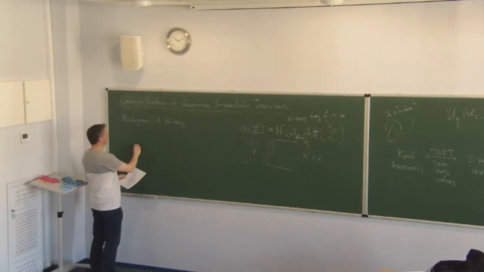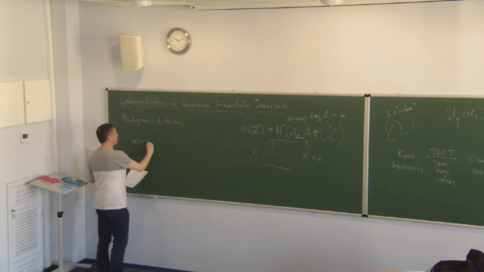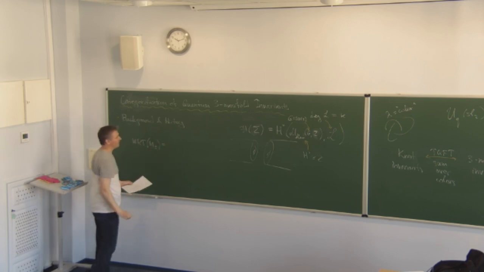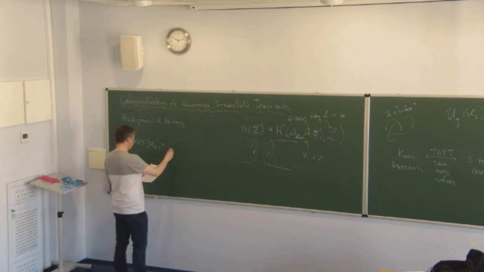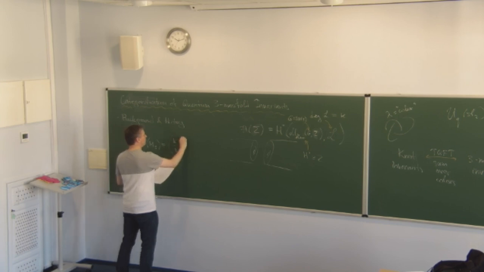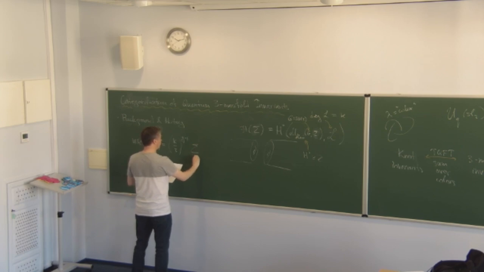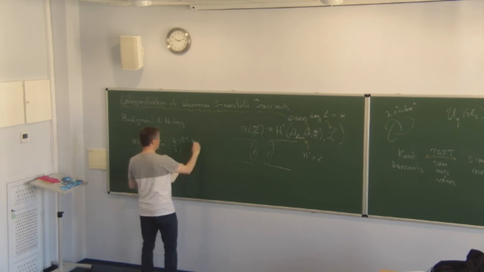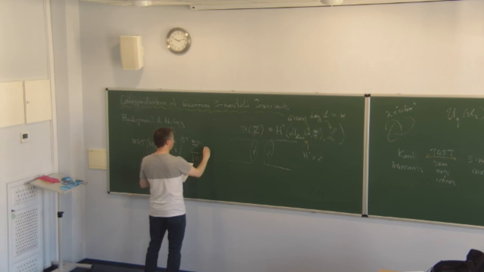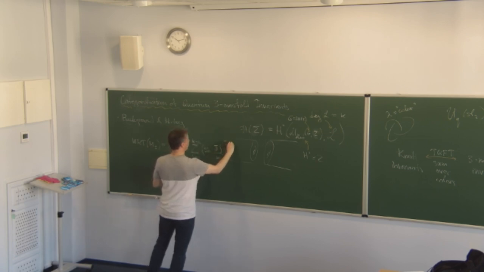For example, here I'll give you an example of the WRT invariant for one particular class of three manifolds. You probably can guess which one it is. And it has the following form. It's K over 2 to the g minus 1, sum over j from 1 up to K minus 1, of, in my notation, something like K over sine pi j over K to the power 2 minus 2g.